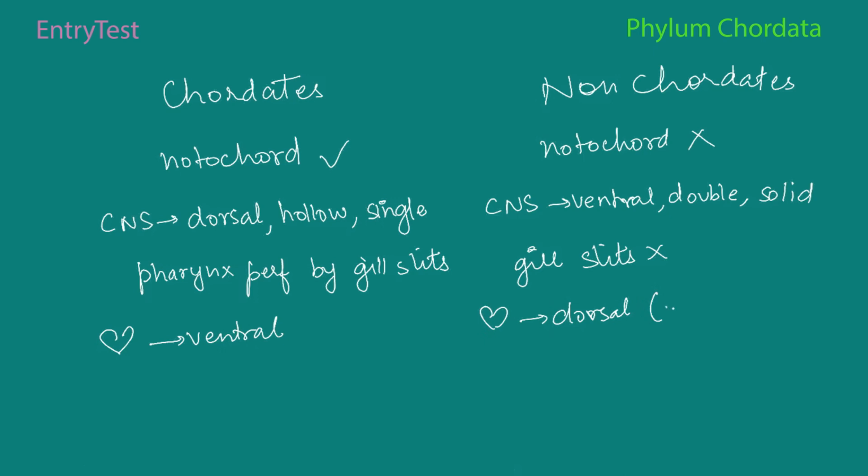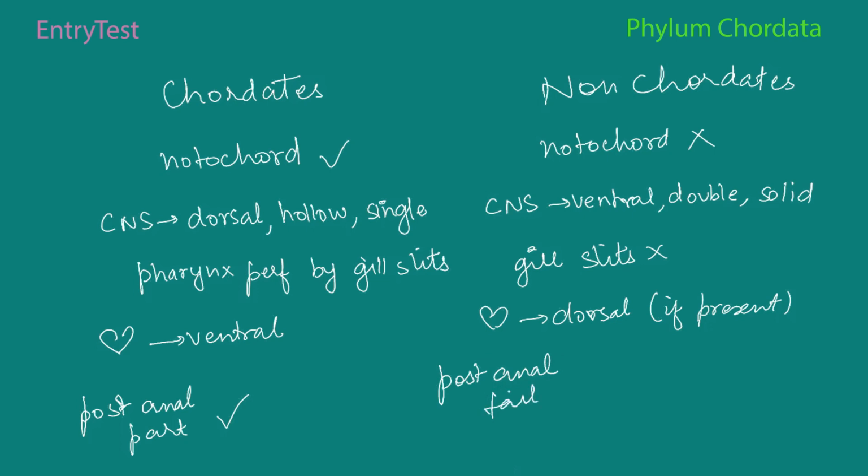It is not present in all, only if present, then it is dorsal. And one more thing, the post-anal part, which is usually a tail, is present in chordates, and the post-anal tail is absent in non-chordates. So that is the comparison of chordates with non-chordates.